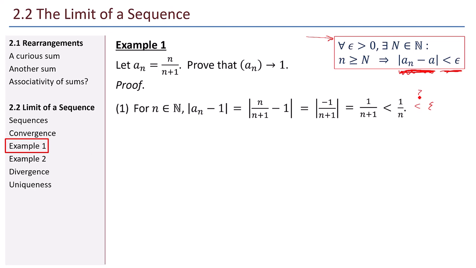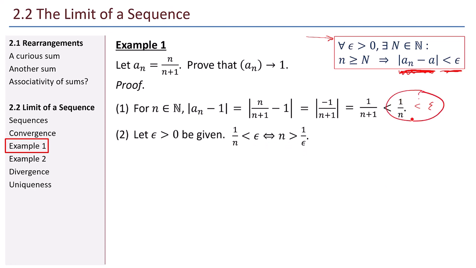Well, let's let an epsilon be given. So here's step number 2. Let epsilon greater than 0 be given. The 1 over n is going to be less than epsilon precisely if n is greater than 1 over epsilon. Do you see that?